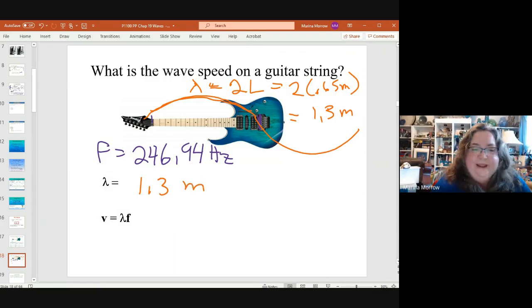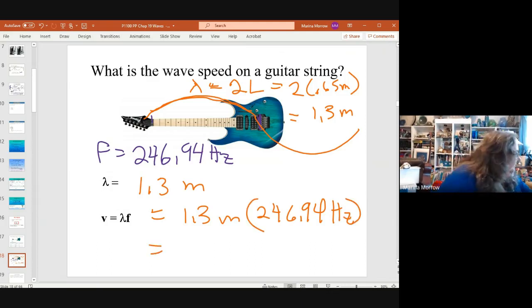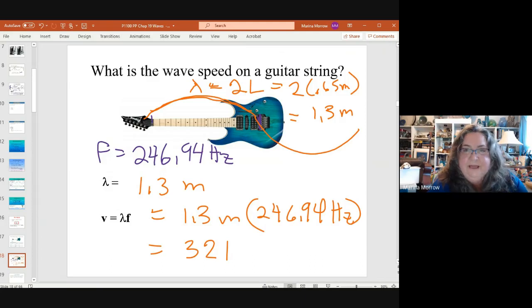We're going to have the wavelength, 1.3 meters, times the frequency, 246.94 hertz, if it was in tune, which it's not. And so I would get 321 meters per second.